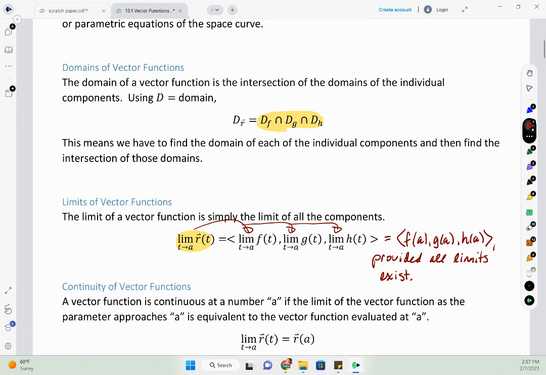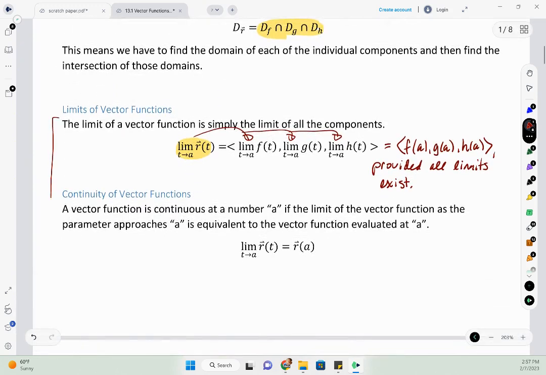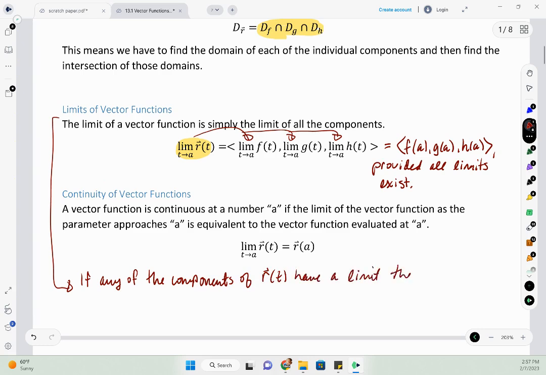If any of the components of r of t have a limit that does not exist, then the entire limit of r of t does not exist.